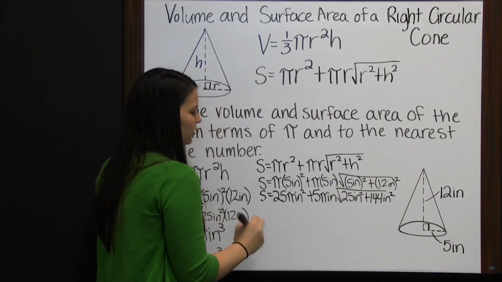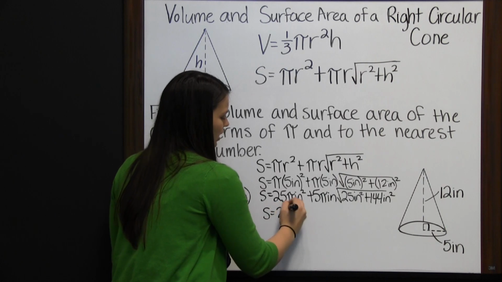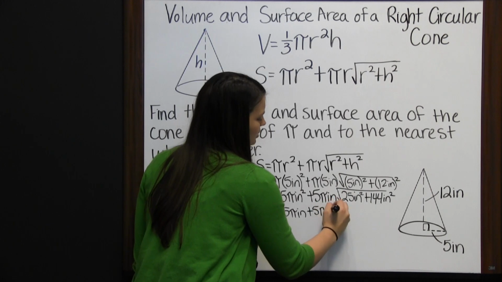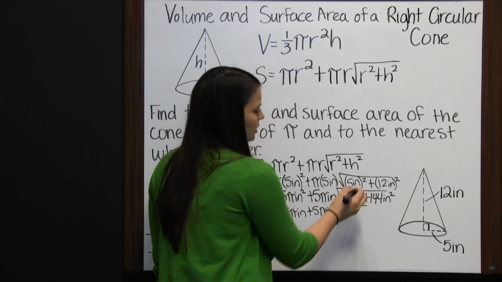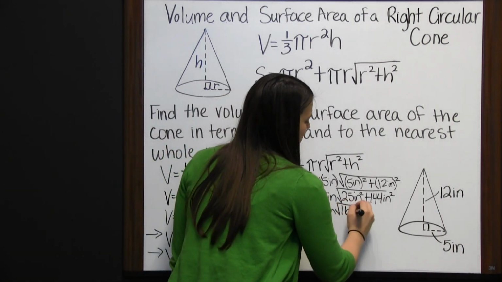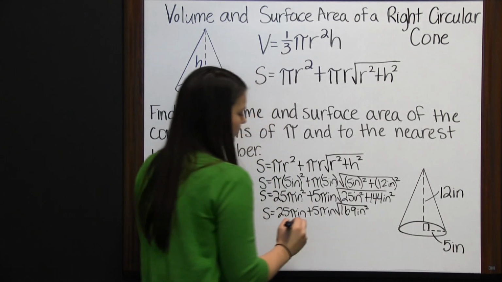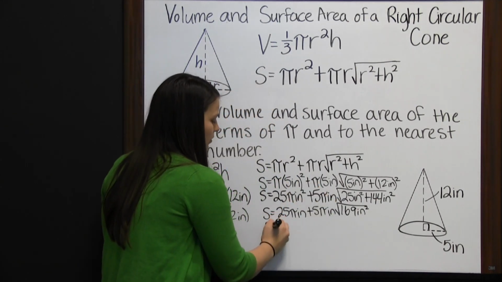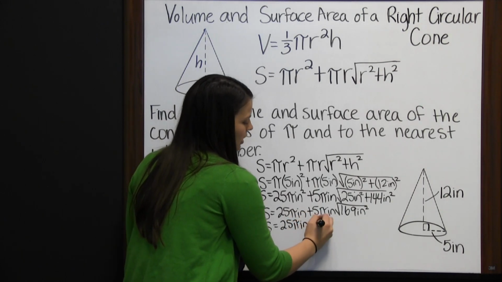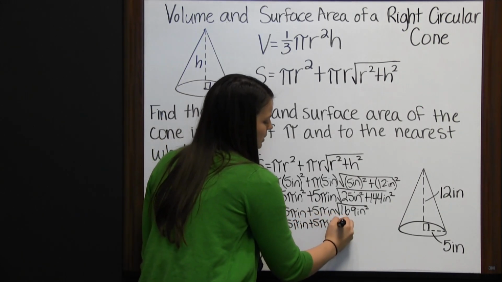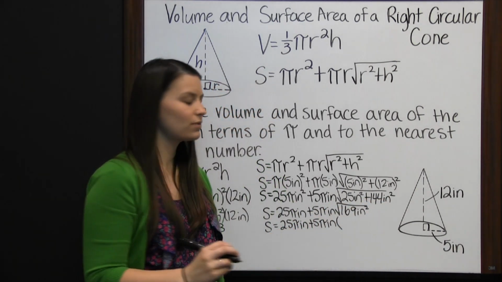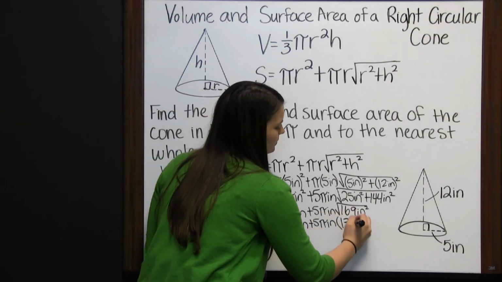So we still need to simplify under our radical, so the rest of this isn't going to change. 25 pi inches plus 5 pi inches times 25 inches squared plus 144 inches squared is 169 inches squared. And then we need to take the square root of that. So the surface area is 25 pi inches plus 5 pi inches times the square root of 169 inches squared is 13 inches.